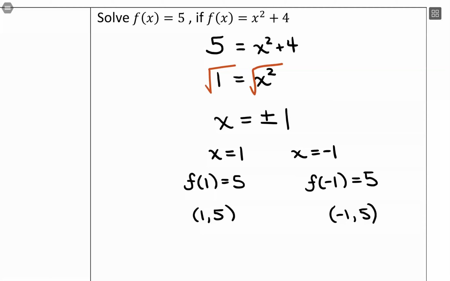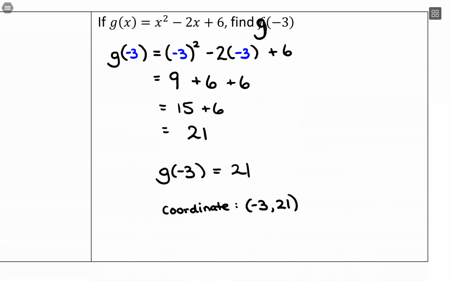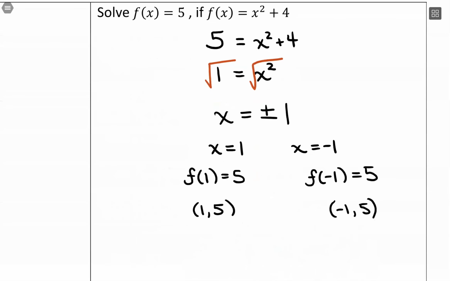Now, as I mentioned up above here, in these questions up above, we should only be getting one solution. We plug in our input, we get a single output. However, this is okay because it's the idea that we can have the same y values as long as the x values are different. We have different inputs here, and even though it's the same output, that's totally fine.